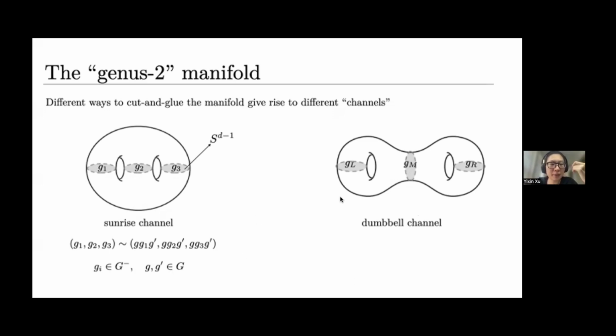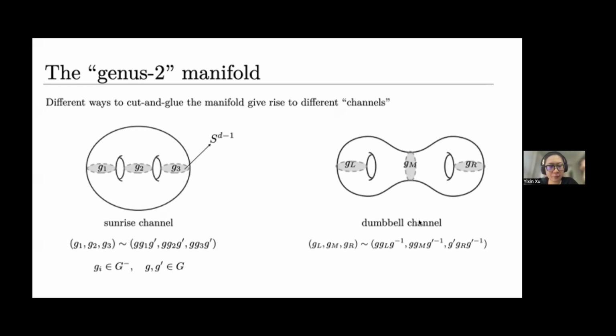Again, like in the case of the sunrise channel, we can perform a coordinate transformation on the left torus and on the right torus independently without changing the overall conformal structure. The effect is that we conjugate GL by some conformal transformation G, and at the same time we conjugate GR by G prime, and then we multiply G middle by G on the left and G inverse on the right.